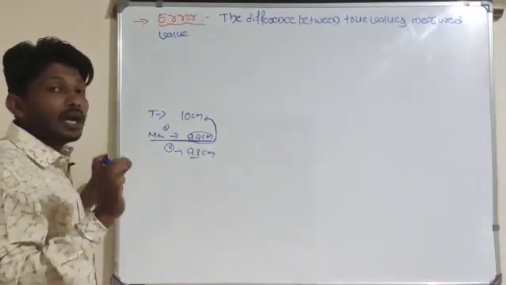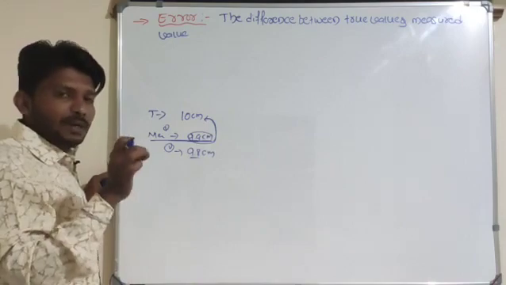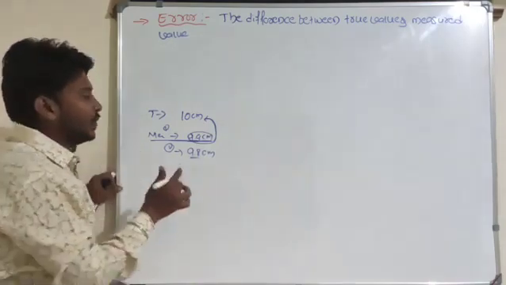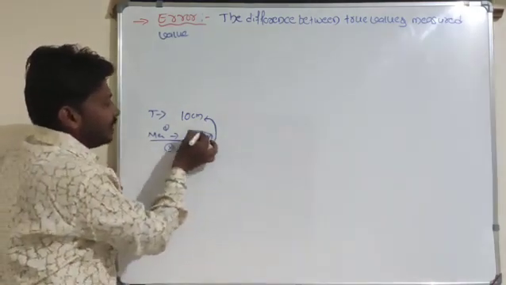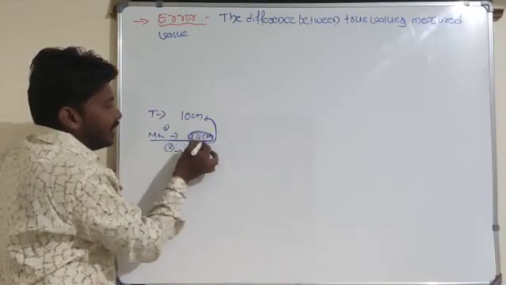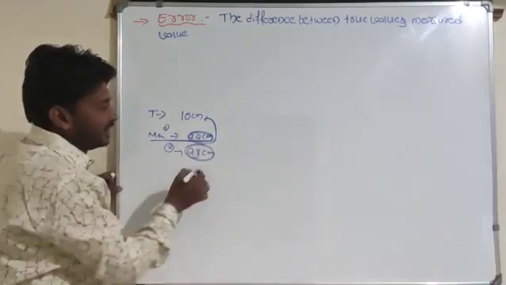Remember the term accuracy. What is the meaning of accuracy? Closeness to the true value. These two are observed or measured values, 9.9 and 9.8 centimeter.